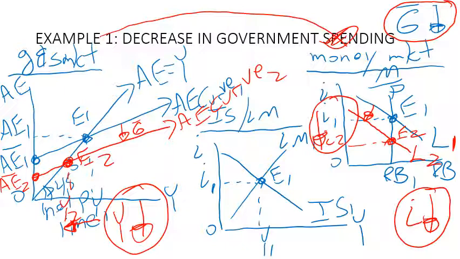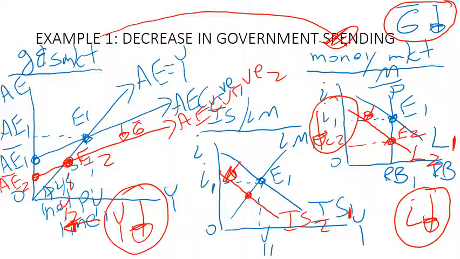So given a fall of government spending, we have a decrease in the IS curve, meaning a leftward shift of the IS curve from IS1 right there, to IS2, downward shift.